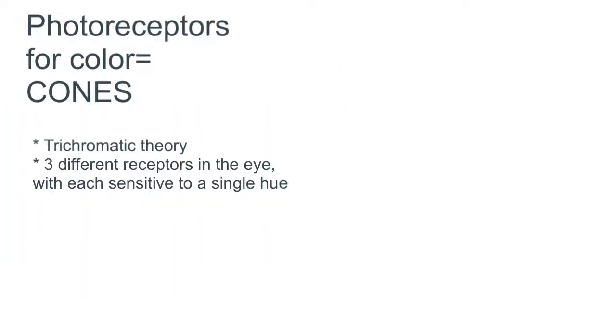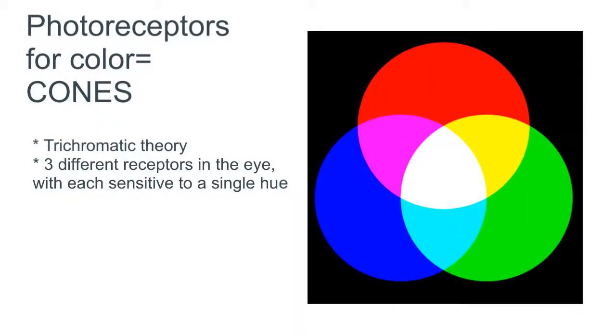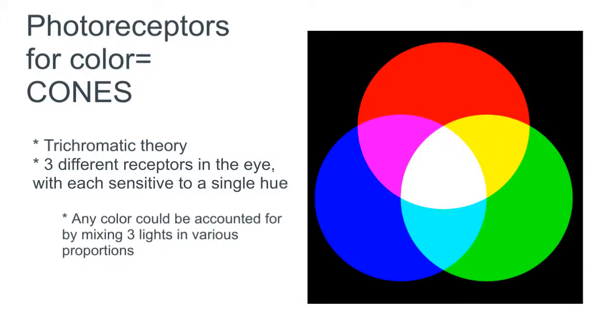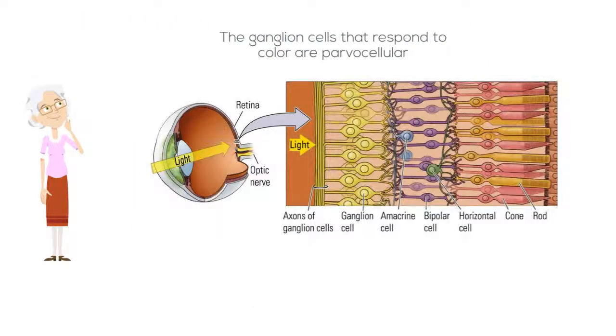According to the trichromatic theory, because we have these three different cones, each sensitive to a different hue, we can then perceive any other color by mixing those three lights together. These photoreceptor cones communicate with bipolar cells, which communicate with ganglion cells.